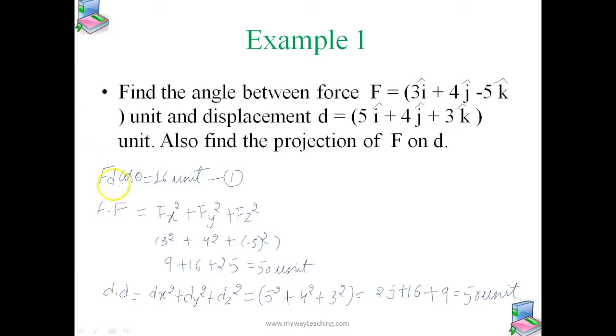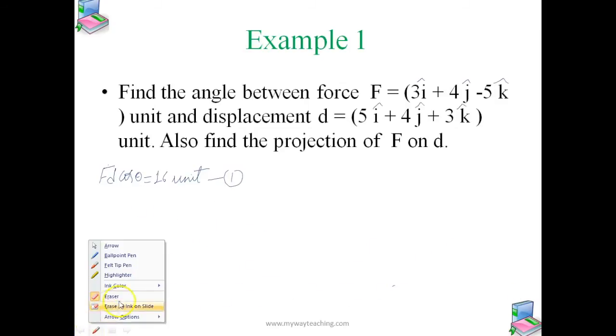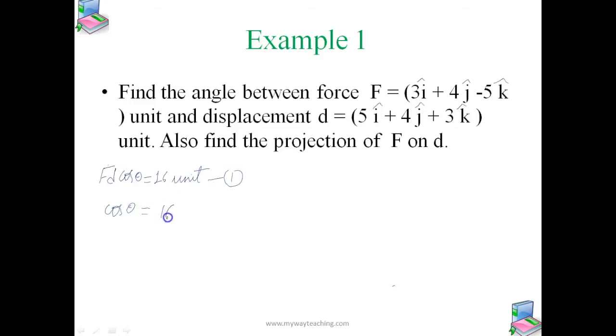So we can use those values of F and D in equation number 1. Here F dot F is 50 units, so the value of F is equal to square root of 50, and even the value of D is equal to square root of 50, isn't it? Now let us consider equation 1 and substitute the values of F and D. So cos theta is equal to 16 divided by square root of 50 times square root of 50.